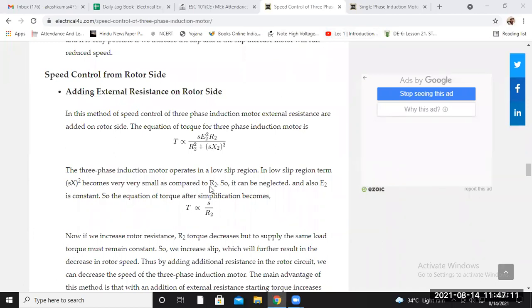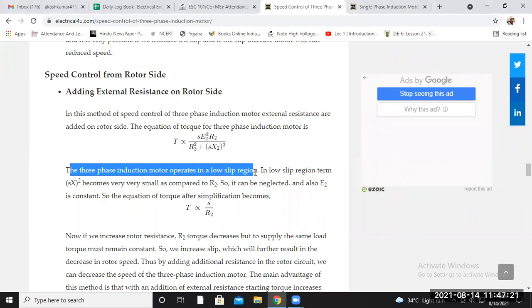In this method, the torque is related with the slip as well as E2 square and R2. The slip has a value ranging from 0 to 1, but approximately 0.3, 0.4, or less than 0.5 will be the range of the induction machine.